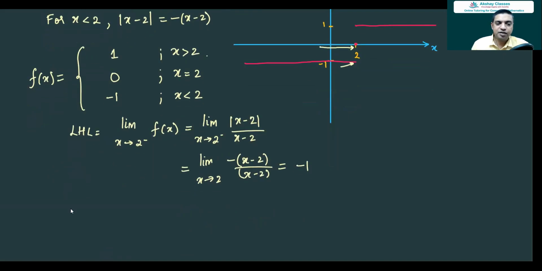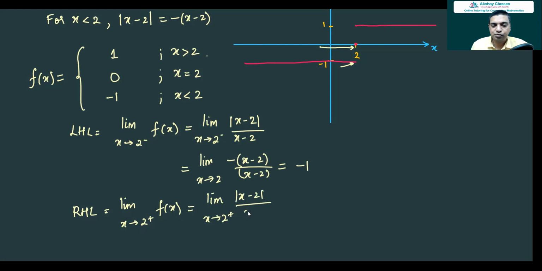Similarly, now the right hand limit, limit x tends to 2 plus f of x is equal to limit x tends to 2 plus modulus of x minus 2 upon x minus 2. This becomes positive. X minus 2 is positive because x is approaching 2 from values greater than 2. So this will be positive.